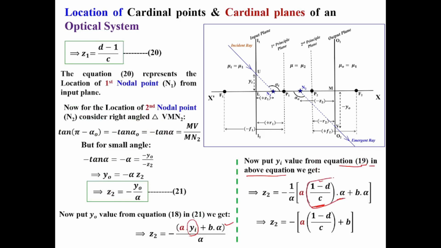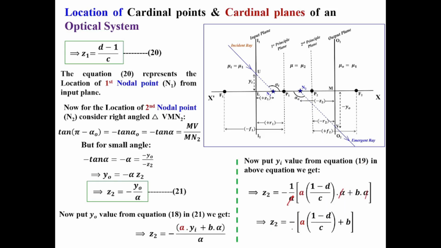Okay, so instead of yi, here it is substituted this 1 minus d by c into alpha from equation number 19, plus b alpha written as such. Already a is there, a written here, 1 by alpha also written here. You just simplify here, alpha got cancelled.